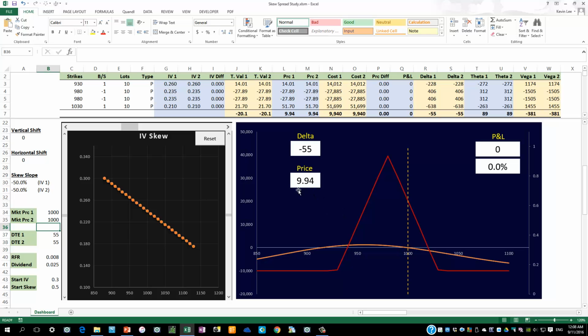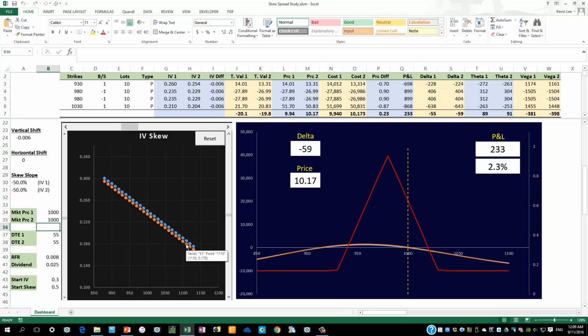So now what I can do here is I can change the IV. Let's do it vertically first. Let's drop the IV. So look here. The orange line is the result, which is the IV number 2. So you can see that for every strike, the IV difference is the same. It's because I dropped it vertically.